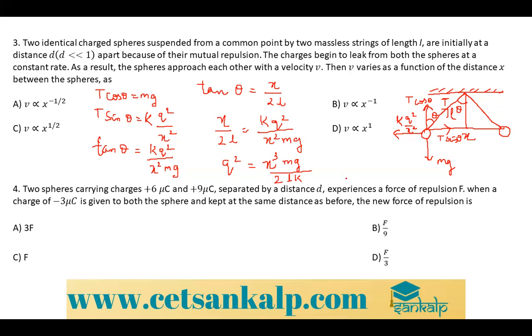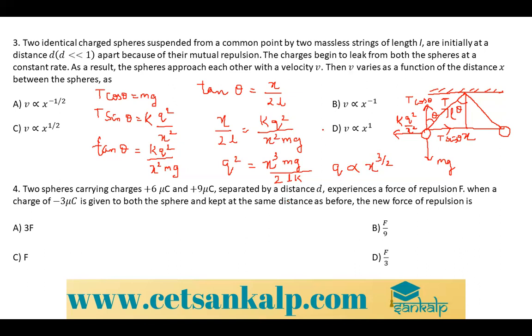So from this you can write q is proportional to x to the power 3/2, because other terms are constant. So q is proportional to x to the power 3/2.